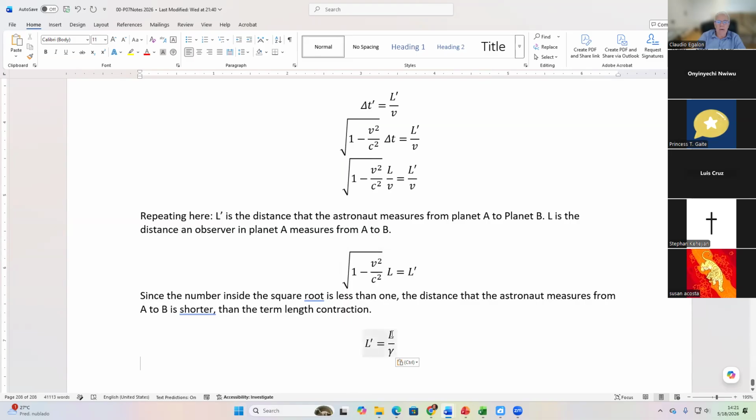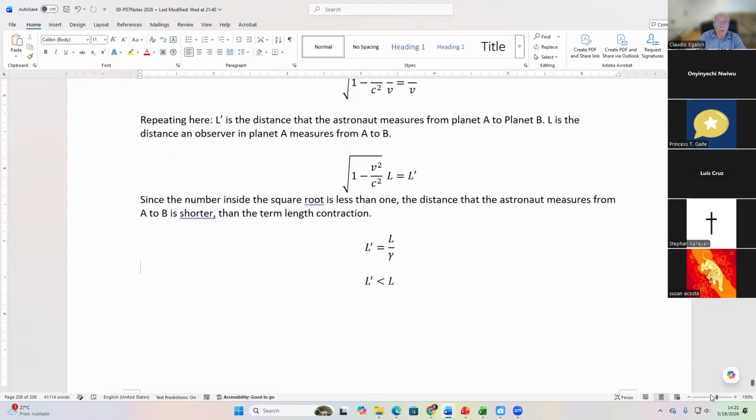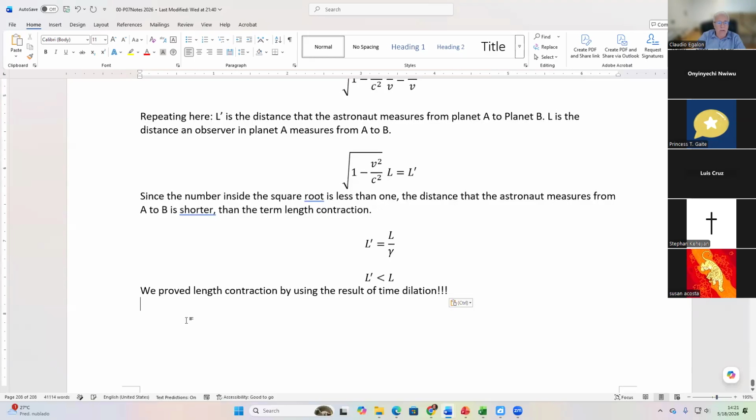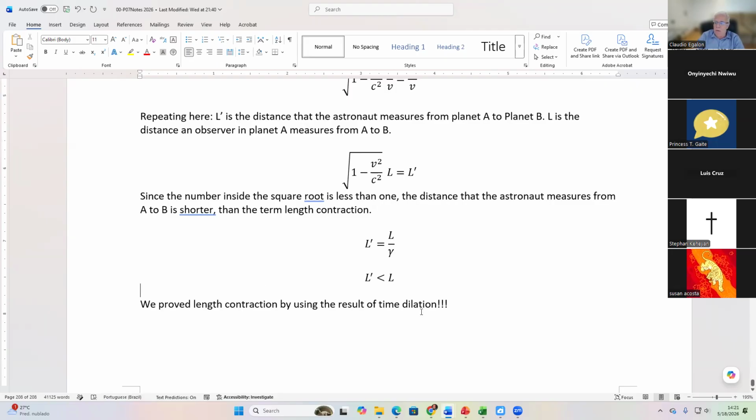Consequently, L prime is L over gamma, and L prime is less than L. We proved length contraction by using the result of time dilation.